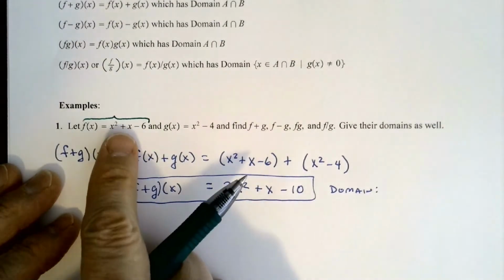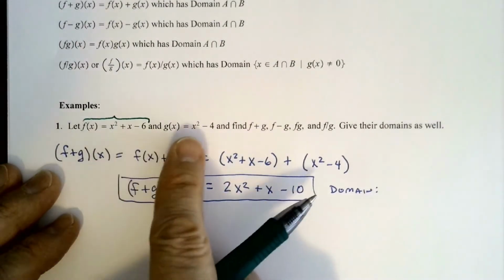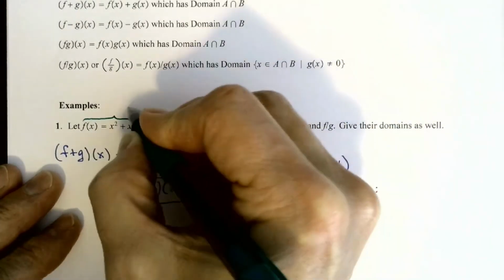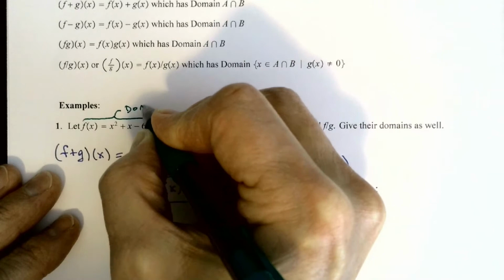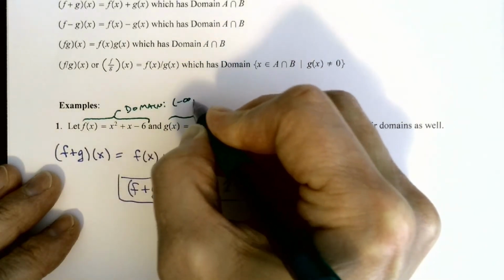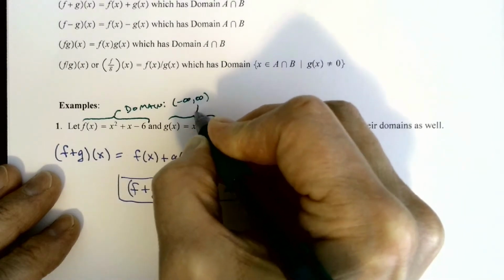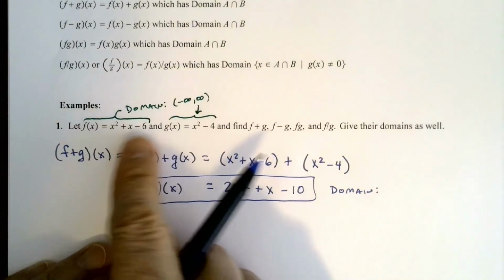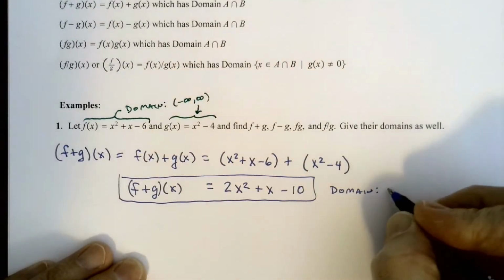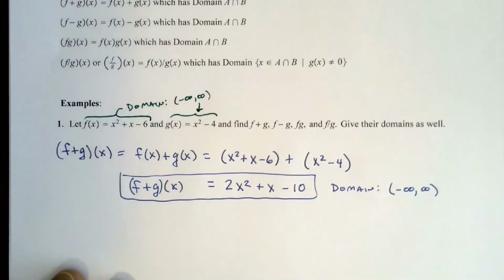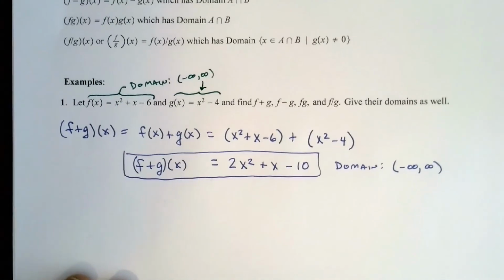Any value of x can be plugged in here and we'll get a real output. Same thing here, right? Both of these are quadratic functions, and so the domains for each of these is all real numbers, which we can write that way in interval notation, right? And so in this case, the common overlap between the domains is the same, right? Since the domain for both is all real numbers, and the domain for this is all real numbers. Okay. So not very much to do there.